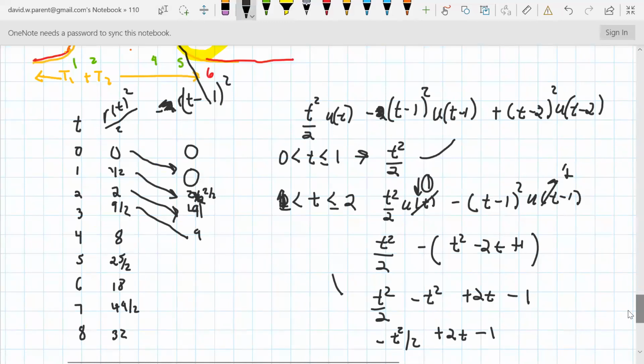So between this region, this is the actual thing that you would plot, but it's only valid in that region. And you can see, whereas before I was going up quadratically, now I'm slowing down quadratically, but I still have a linear term, so I don't come to a complete halt. But if t goes on long enough, this will overpower that.